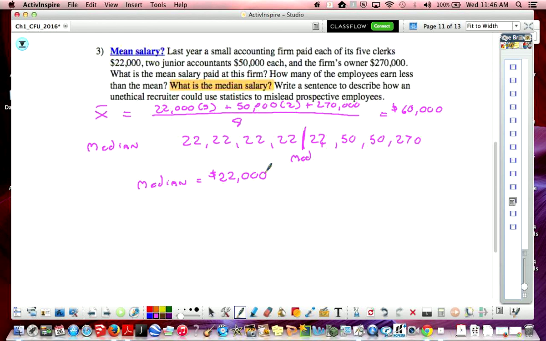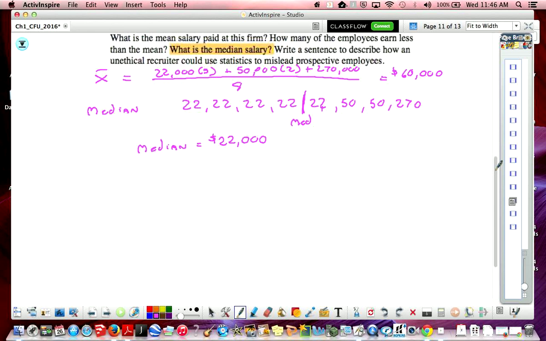It says, write a sentence to describe how an unethical recruiter could use statistics to mislead a prospective employee. Well, if they want to mislead them, they're going to use the mean. Because if you look at this, the mean is higher than what 7 out of 8 employees make. So because of that, they definitely want to use the mean.